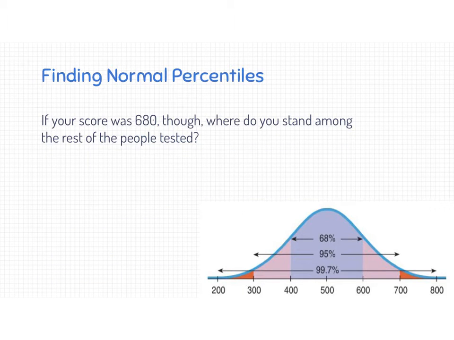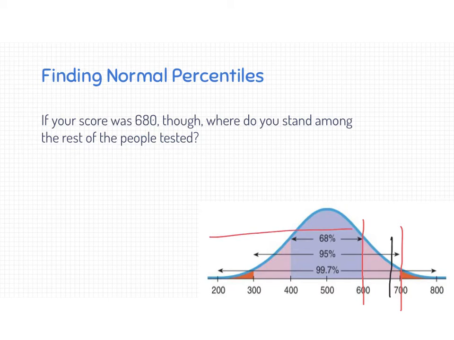All right, so that one's all fine and dandy, but what if your score was 680? Where do you stand among the rest of the people tested? As we look at this, 680 is maybe somewhere in there. If you landed right at 600, that was one standard deviation. If you landed right at 700, that was two standard deviations.